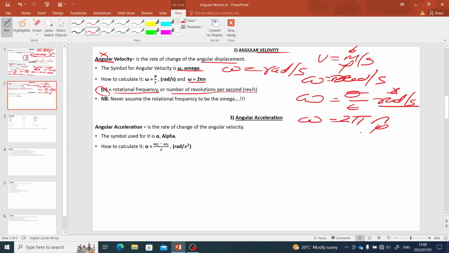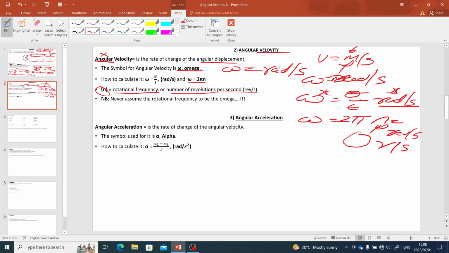Now, as we were making those turns on the circular course, we looked at the number of turns. How many times did you turn? But now we are looking at the speed. As you are making those turns, at what speed are you making them? That n is for rotational frequency. The SI unit for this n is rev per second, or they denote it as r per second. Now, don't mix the two.